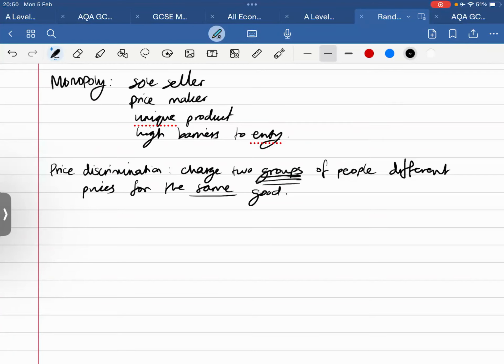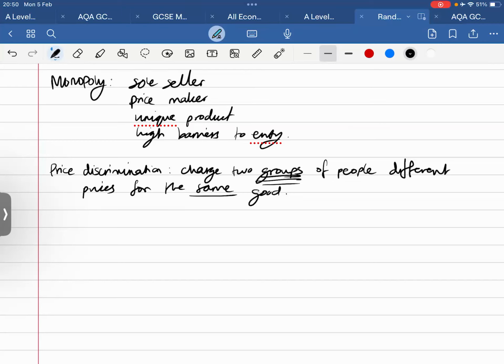A better example might be flight tickets today versus flight tickets tomorrow for the same exact flight. The price will be different. Or cinema tickets for students and cinema tickets for other people. That's the best example. They're both getting the same good or service, the cinema ticket, but the students are paying a different price compared to the non-students.